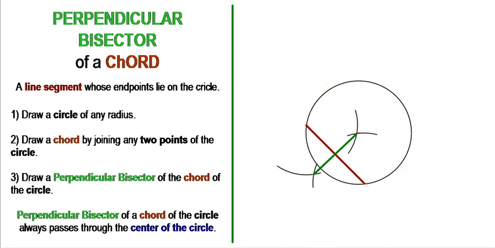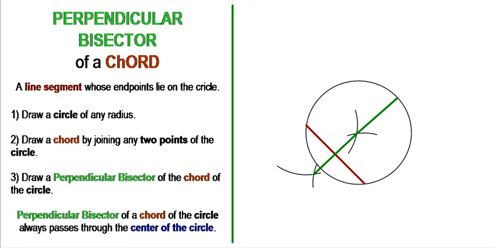Now the main thing is that the perpendicular bisector of a chord of this circle always passes through the center of the circle. Now you can see if I extend this line, it is passing through the center of this circle, right? So now you have seen that the perpendicular bisector of a chord of a circle will always pass through the center of the circle.